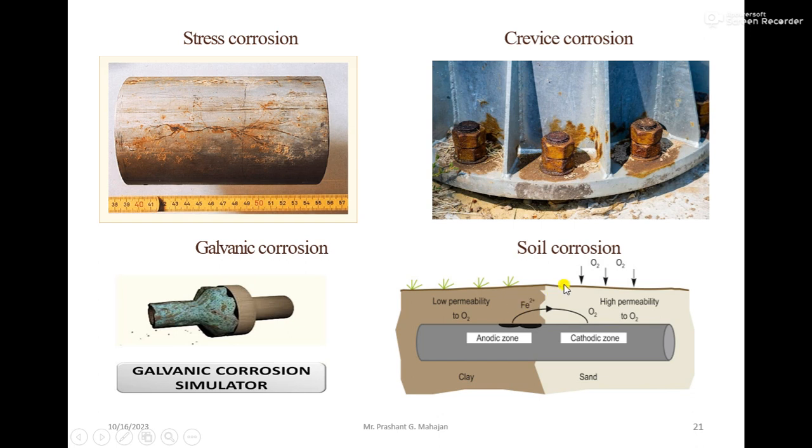Then next is soil corrosion. We have earlier discussed this part, where the metal or the electricity pole is buried partially in the soil. The part which is below in the soil will act as anode, as less oxygen is present in the soil, and the part which is in the open atmosphere will act as cathode, as more oxygen is present there.